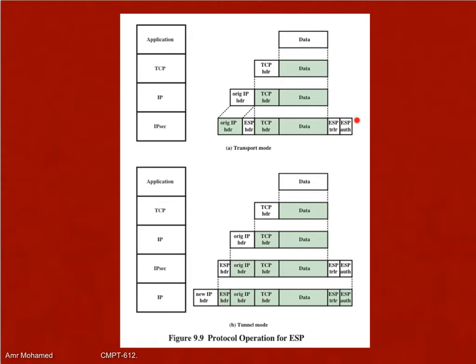In this graph, this particular authentication or MAC is done by AH. But both of them are in the transport mode, which means that they are using this format here.